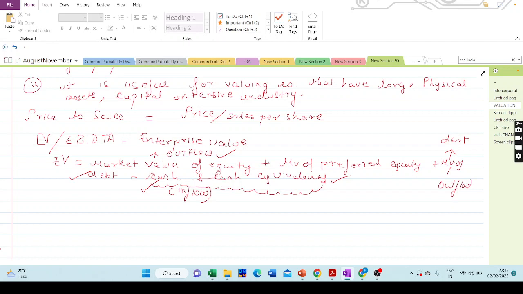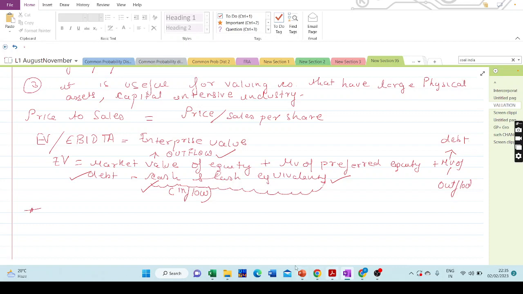That would be an outflow for you. You have to pay the debt holders of the company. That would be an outflow for you. And once you buy the target company, its cash is yours. You can use that cash to pay the debt holders of the target company. So that is an inflow, and that is why the cash and cash equivalents of the target are deducted while calculating enterprise value, right? Guys, are we good here?